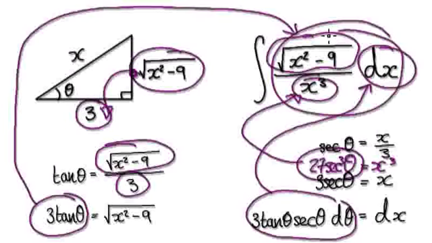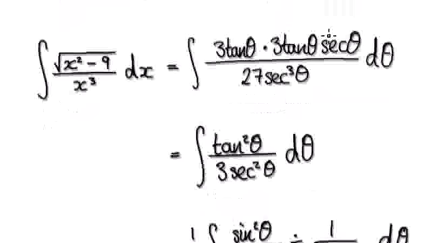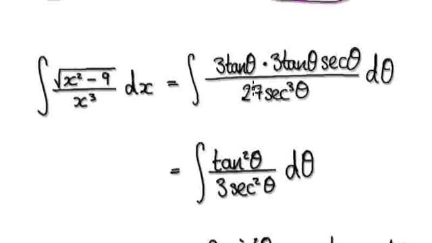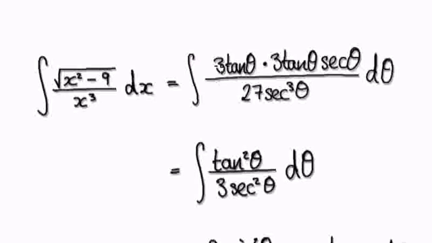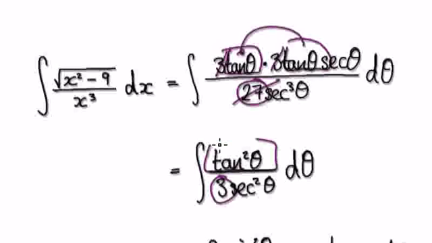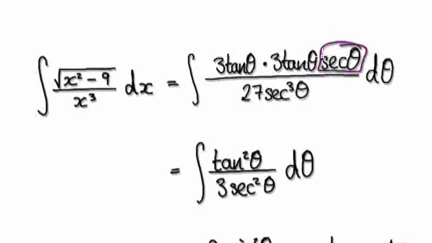So this whole thing here will then become this. Now tidy this up. So 3, 3. This will then become a 3, and then you've got your tan theta, merge these two together. That will give you tan squared, and you've got 1 secant here, and you've got 3 secants here, so it will become a 2.